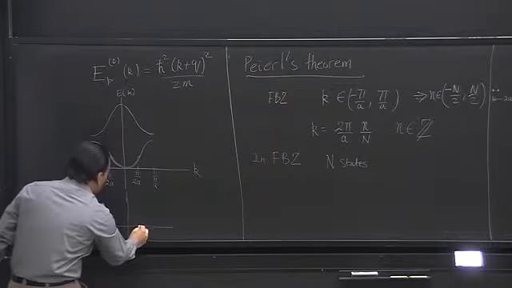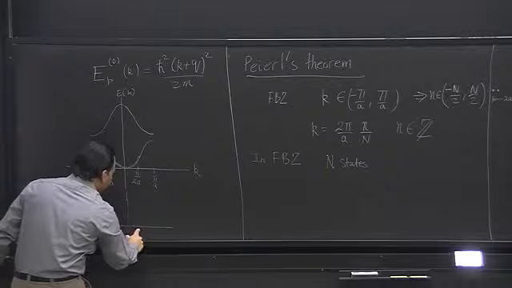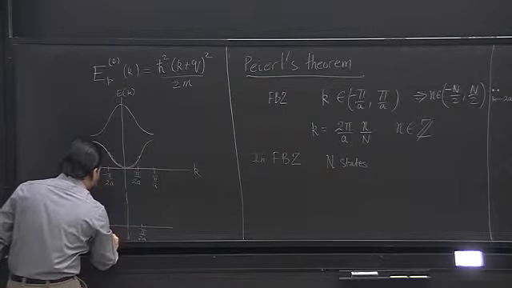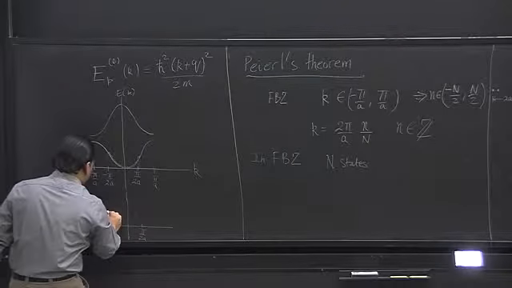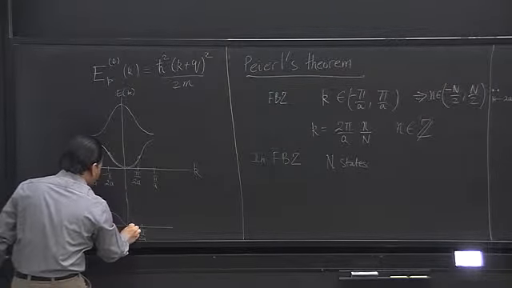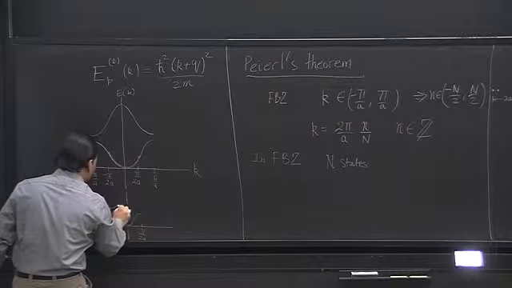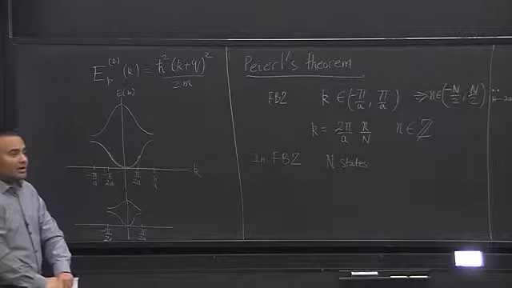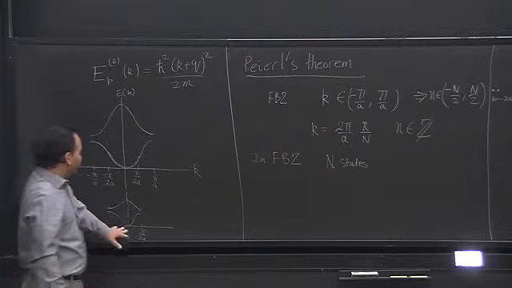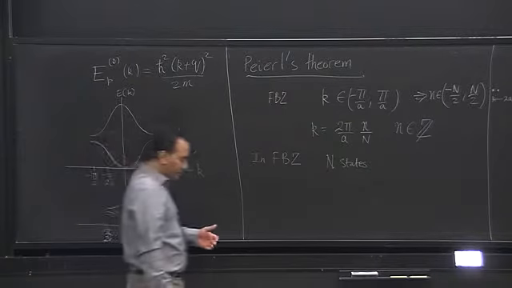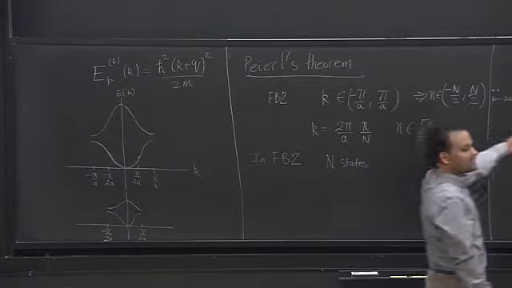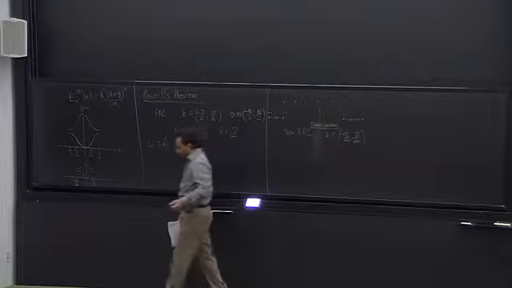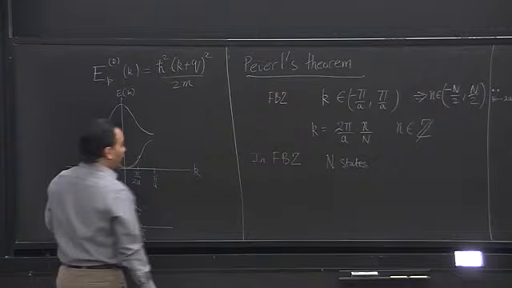And now I want to plot it only in the first Brillouin zone, which is minus pi over 2a to pi over 2a. So what I've done here is I assume that dimerization happens, either left or right. I calculate the band structure, and I'll see as a result of the periodic potential now.